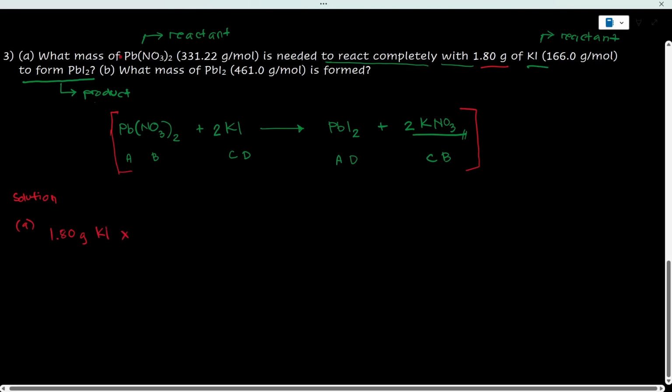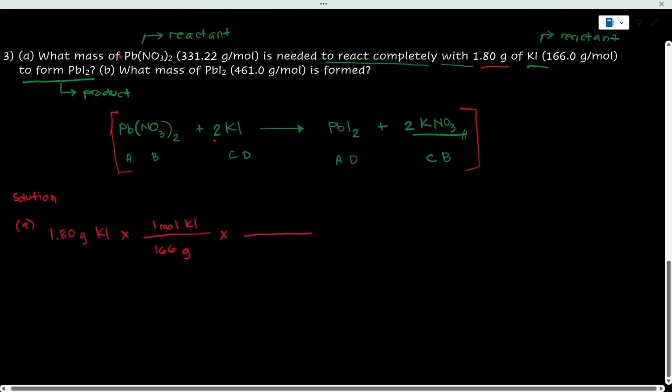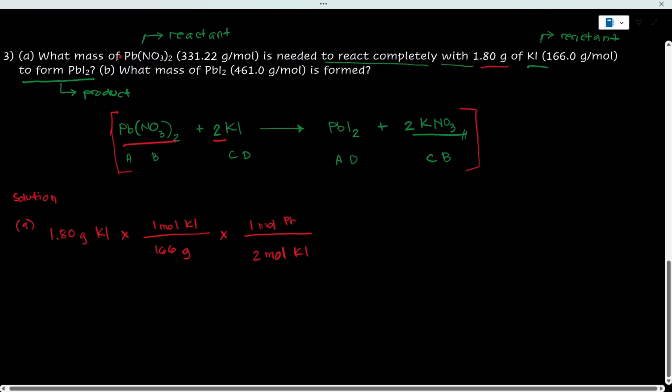So we must relate KI with PbNO₃. So the molar mass of KI is 166 grams. And through this stoichiometric relationship, we can relate KI with PbNO₃. We have 2 moles of KI needed to react with 1 mole of PbNO₃.